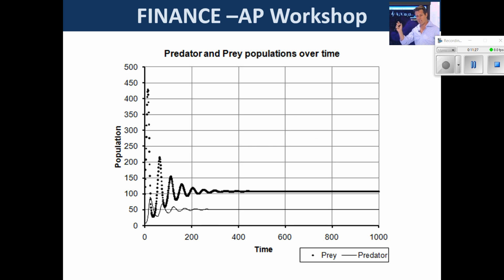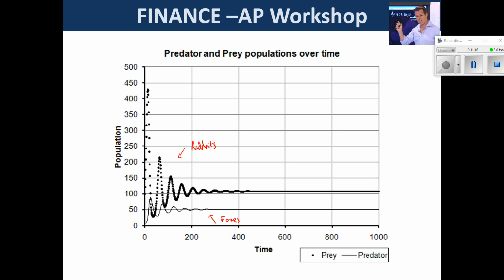Here is an interesting graph. If we're looking here at the prey versus the predators, so we've got some rabbits over here, and we've got some foxes underneath. This is a population versus time graph. That should be pretty standard.